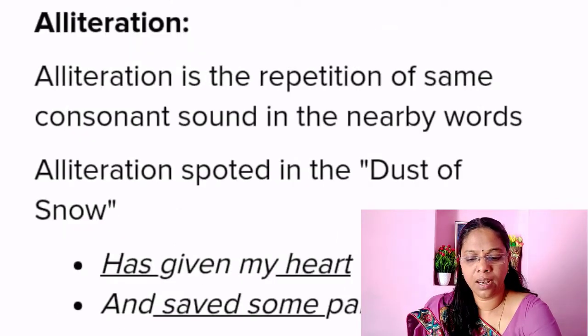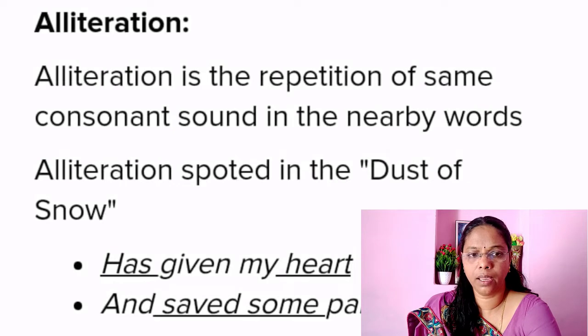The definition: alliteration is the repetition of the same consonant sound in nearby words in the same line. If we spot alliteration in Dust of Snow, go through it. "Has given my heart." Underline those words.